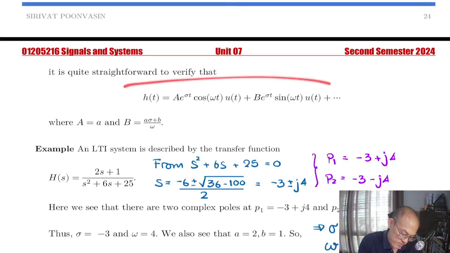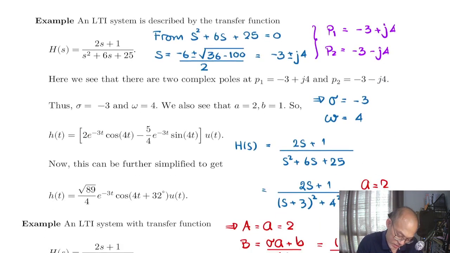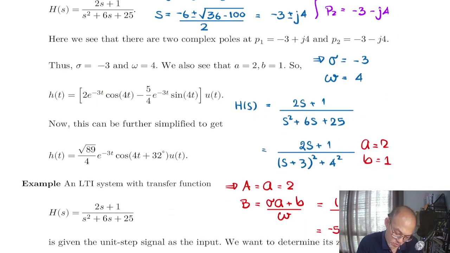I plug into this, right? Capital A goes here, which is 2, right? This term is sigma, which is minus 3. So minus 3 goes here. Omega is 4. 4 goes here. Okay? And capital B, which was minus 5 over 4, goes here. And the sigma goes here again, and omega goes here again.